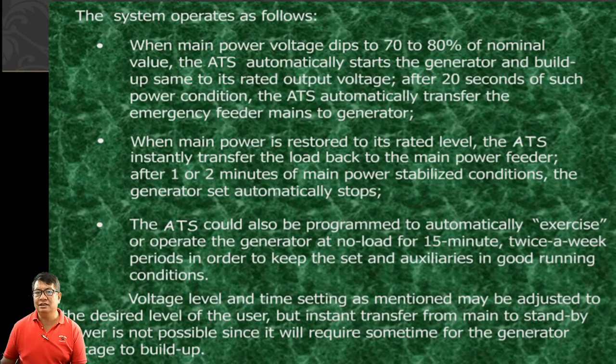The ATS automatically starts the generator and builds up same to its rated output voltage. Ayun. Pag bababa na yung rated power natin galing sa utility ng 70 to 80%, automatic aandar na yung generator natin. Okay, pero hindi yan automatic, ha.